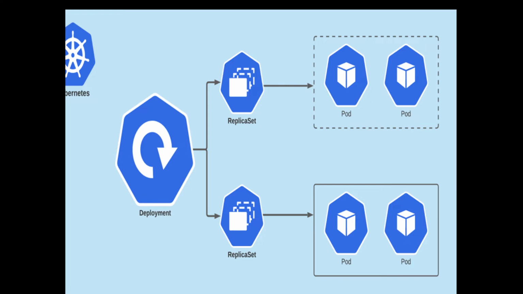Okay. So in deployment we have the feature that we can roll back to our old version, whatever version. If you want to roll back to just the previous version, we can do it. Whichever tag or version we want to revert back to, we can achieve that through the deployment.